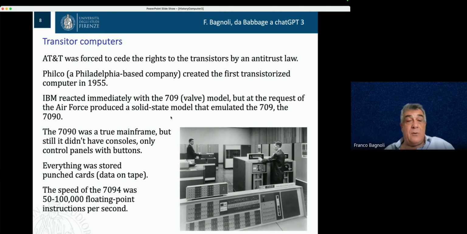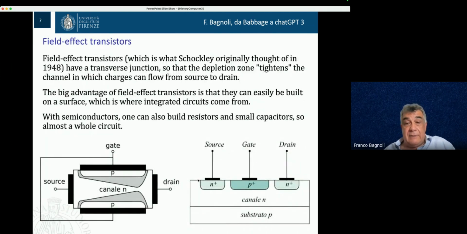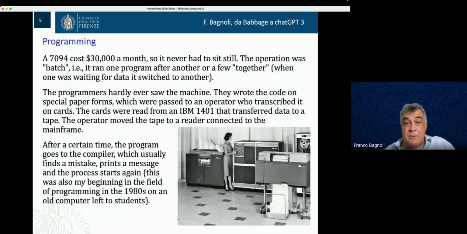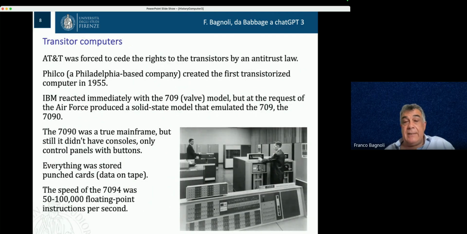Clearly, as always, it is not easy for a company to replace the background. And so these are the computers that you see, for instance, in Dr. Strangelove, the control center of the USAF.